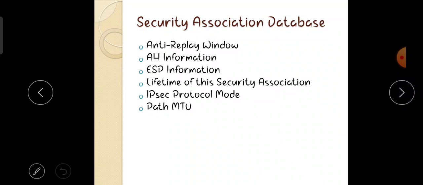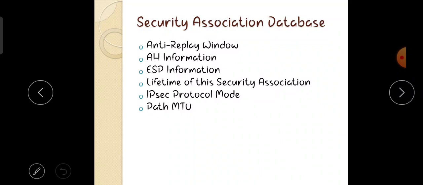Next, the lifetime of this security association. It is a time interval or a byte count after which the SA must be replaced with a new SA or terminated, plus an indication of which of these actions should occur. Next is the IP security protocol mode.